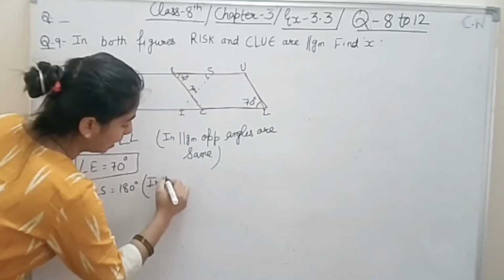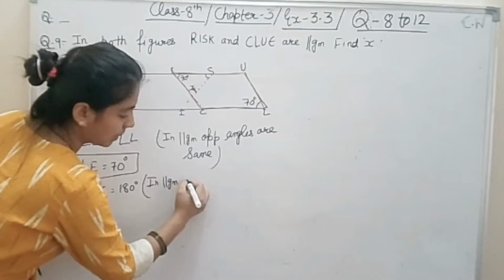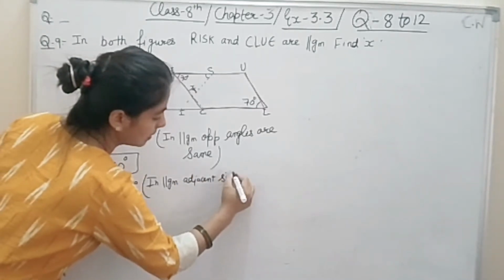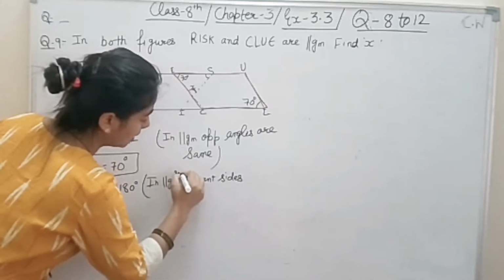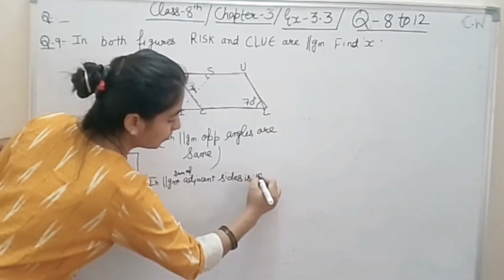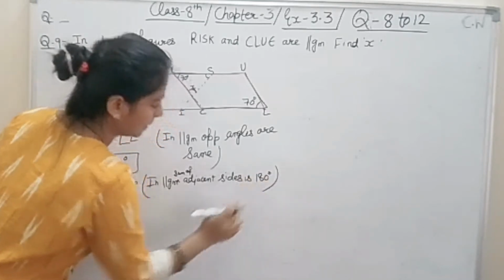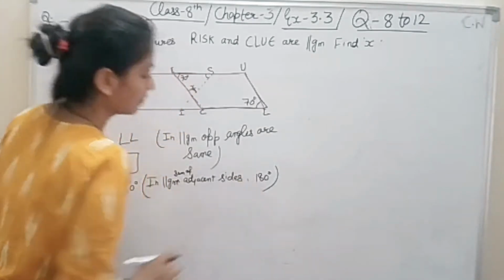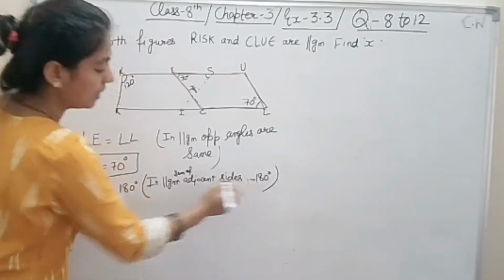Because in a parallelogram, the sum of adjacent angles is 180 degrees.